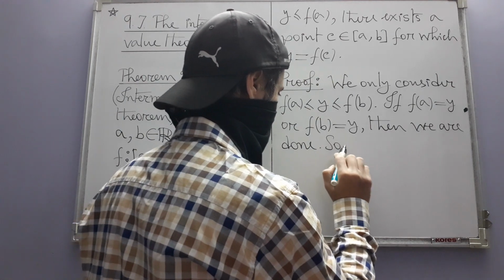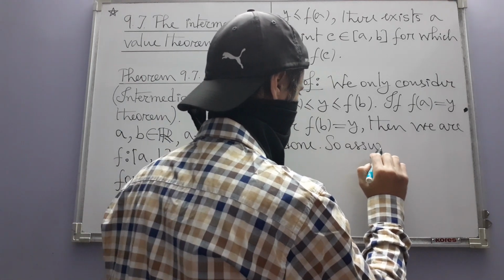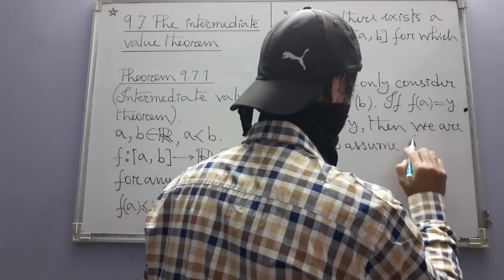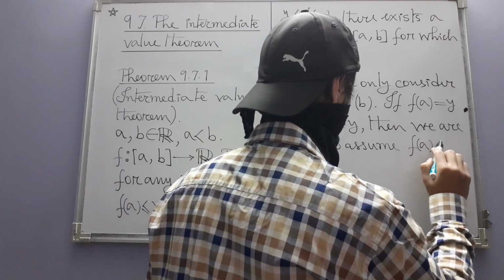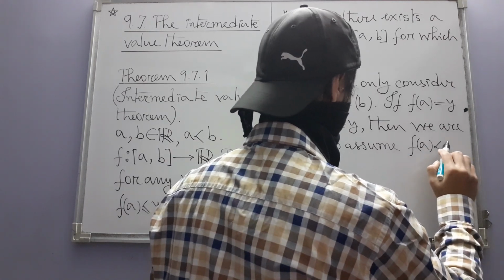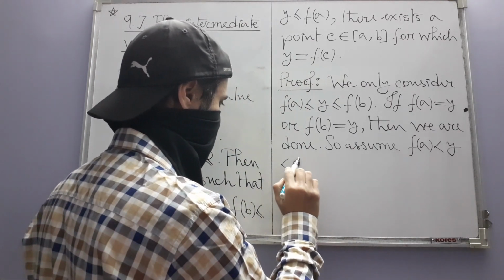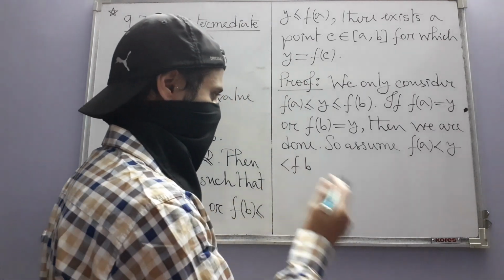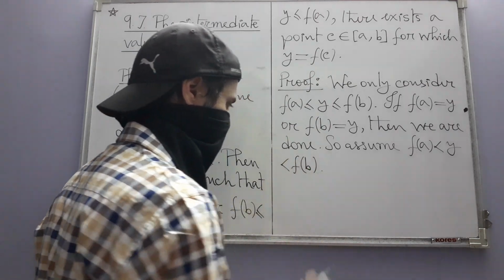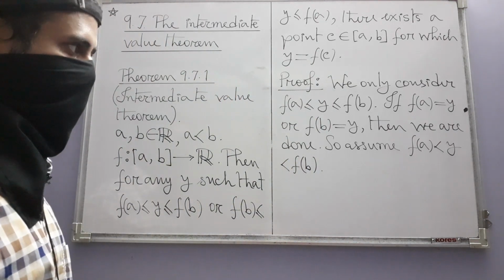So assume that neither is true, that is y is strictly greater than f of a and strictly less than f of b.